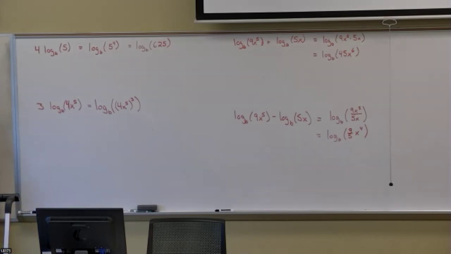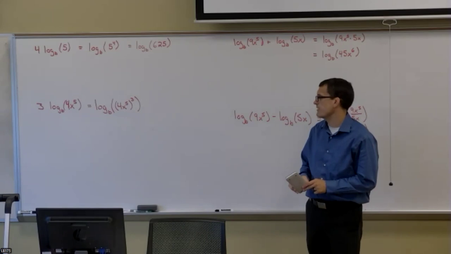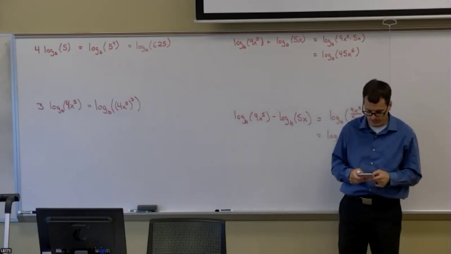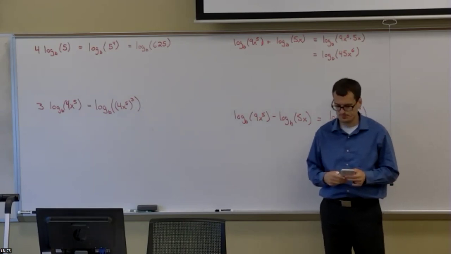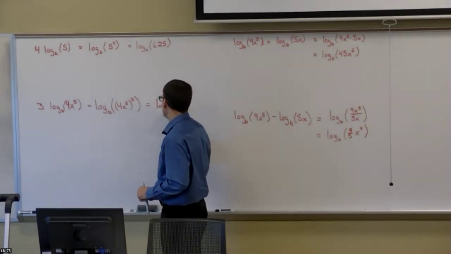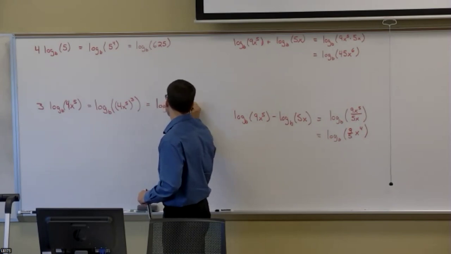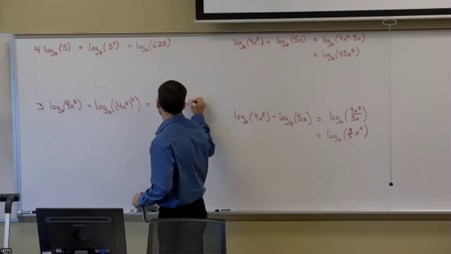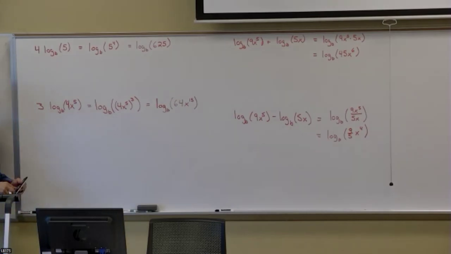So the 4 needs to get raised to the 3rd power, and the x to the 5th would be raised to the 3rd power as well. 4 raised to the 3rd power is 64. x to the 5th raised to the 3rd power is x to the 15th. So we get 64 times x to the 15th as the final argument inside that log.